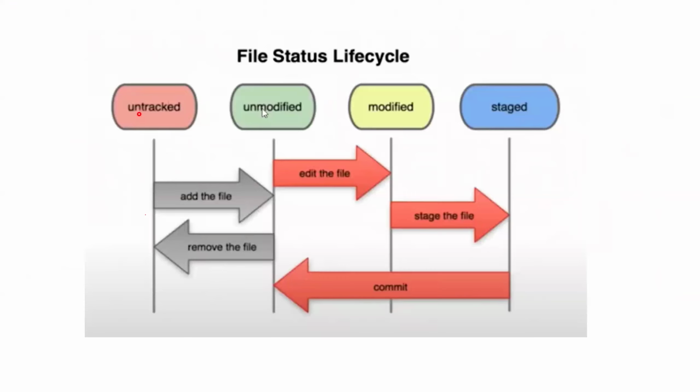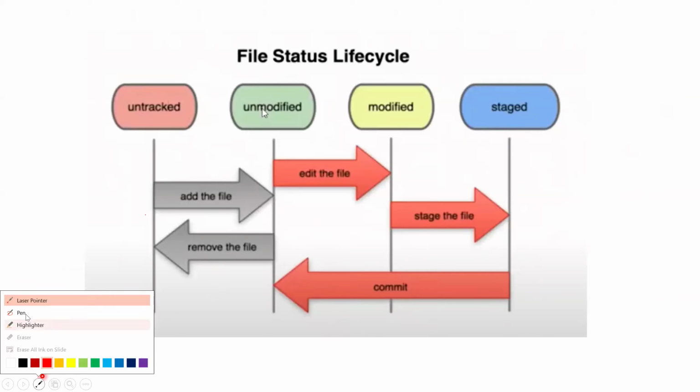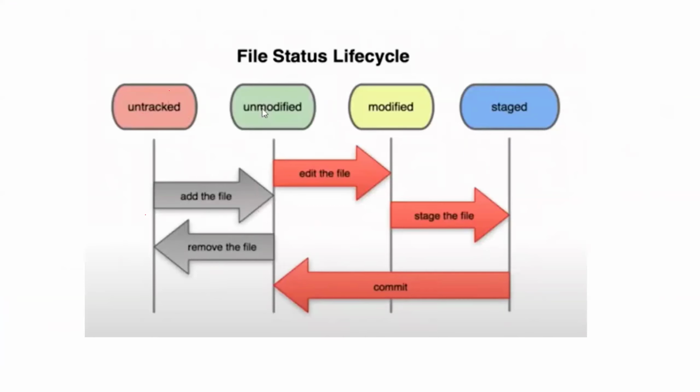Initially, when files are created, suppose we have created a first.txt, and then we had an Excel file, let's call it s.xlsx. I'm talking about two files. Initially, these files are untracked.